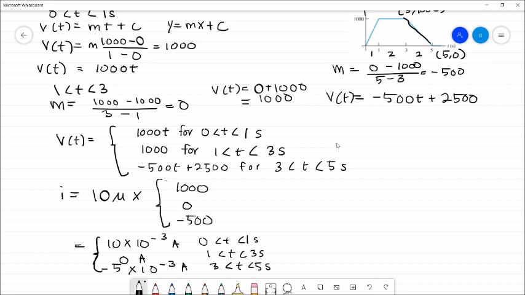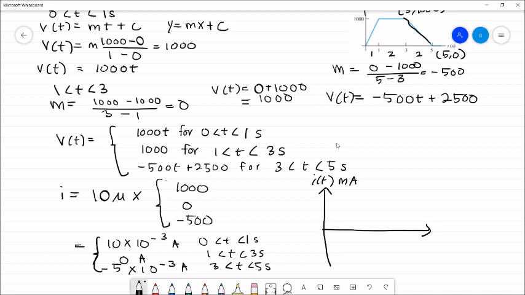Okay. So now we can draw the graph like this. Current i(t) will be in milliamperes, because it is times 10 to the power of negative 3.